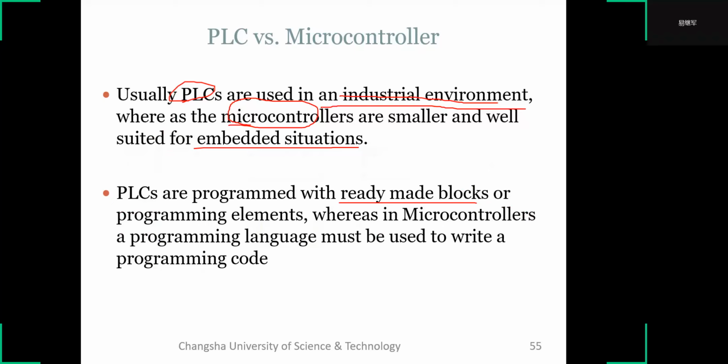We need to write everything for the microcontrollers, but we just use the ready-made blocks for the PLC.